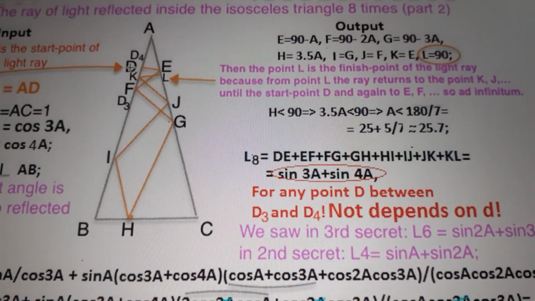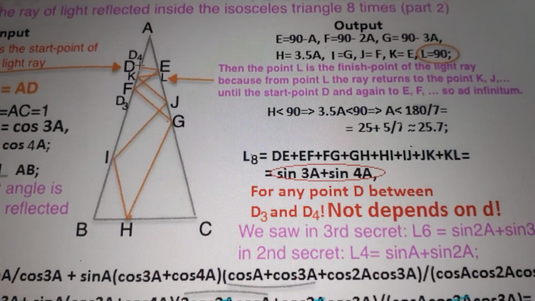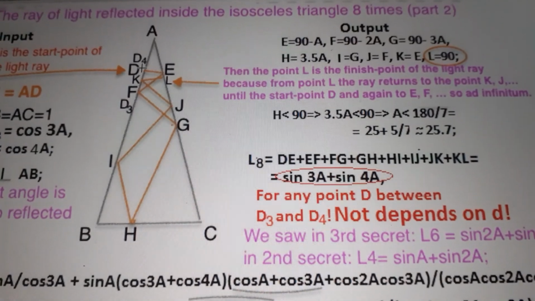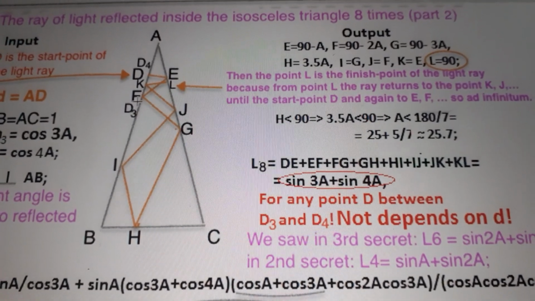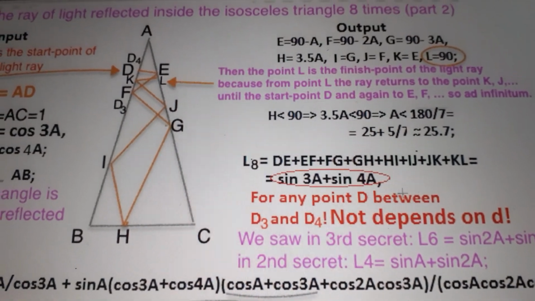In each point between D3 and D4 as the start point, we get a trajectory with the length of this expression.